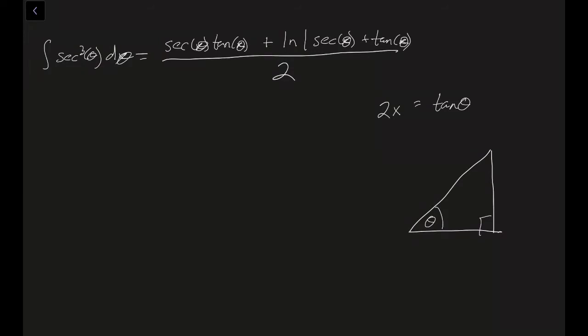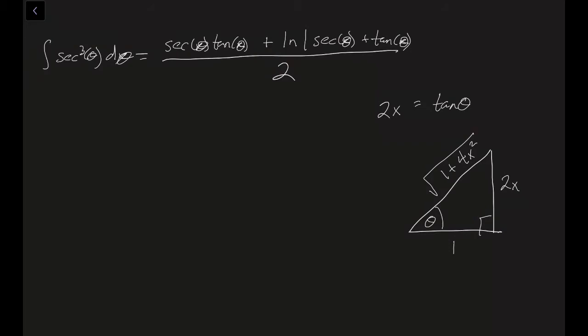We know that the tangent is the opposite side over the adjacent side, and by the Pythagorean theorem, the hypotenuse is the square root of 1 plus 4x squared.